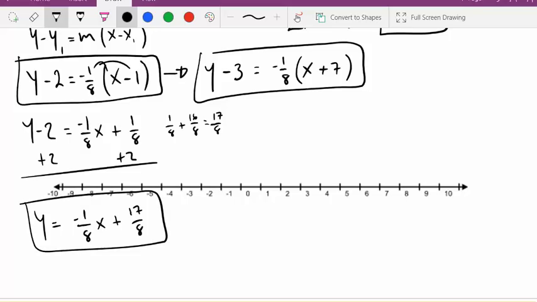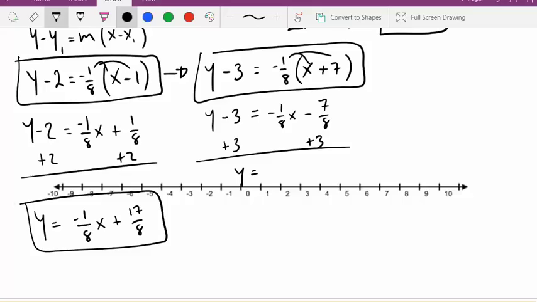Now when I do it with this other equation, I'll get the same exact slope-intercept form. Let's make sure that we can do it right. So we're going to multiply y minus 3 equals -1/8 x minus 7/8, because that's what -1/8 times 7 is, -7/8. And now we're going to add 3, and I get y equals, little side problem, 3, well 3 is how many eighths?